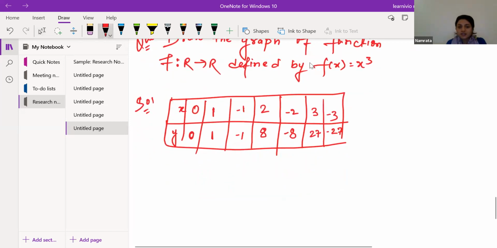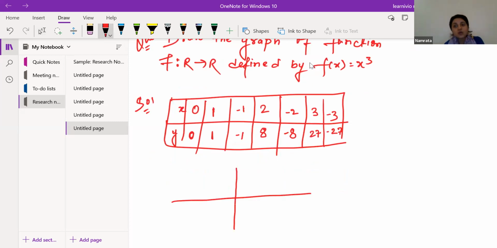This is how we get the graph, and that's what I am showing here. The previous graph which I drew by myself, you will also get just like this. You take some random points for x, find the y value according to the given function, and then plot it. So the first point is 0, 0, that is the origin.